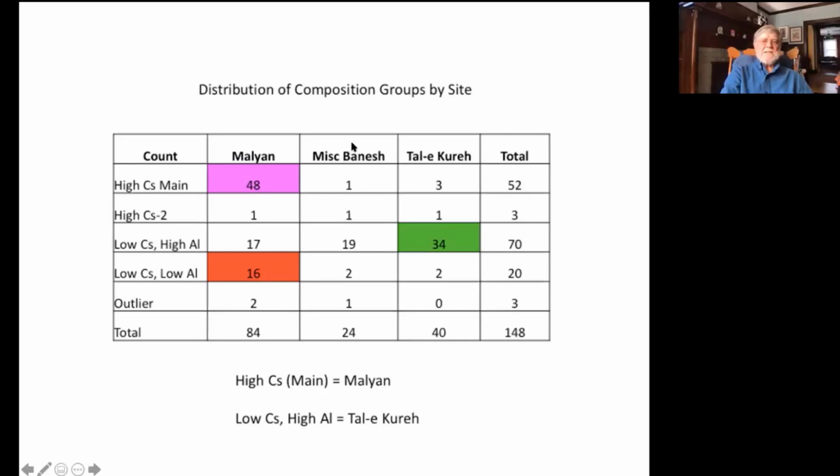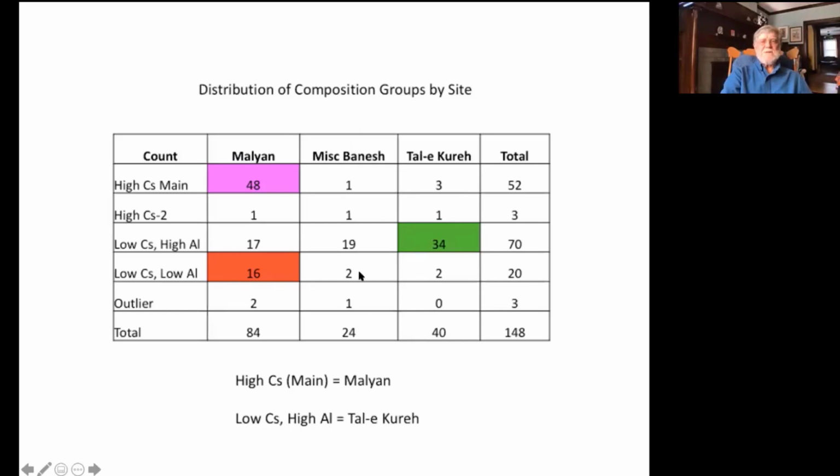The miscellaneous Banesh are all those small settlements that we saw scattered to the north and east of Malian. They don't have ceramics made of clays with the compositions that we're finding in Malian itself.